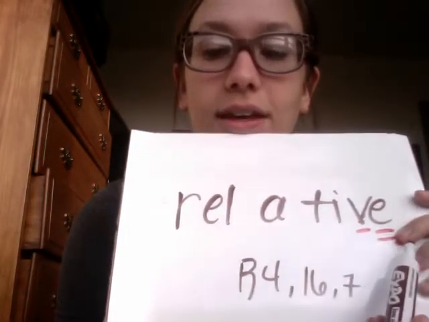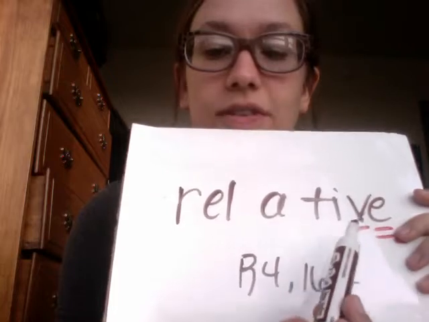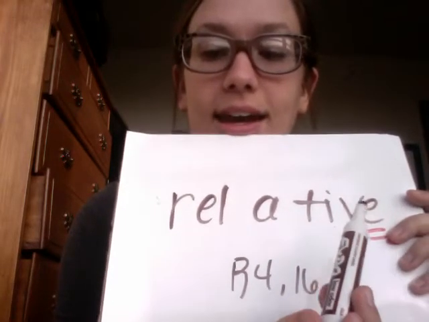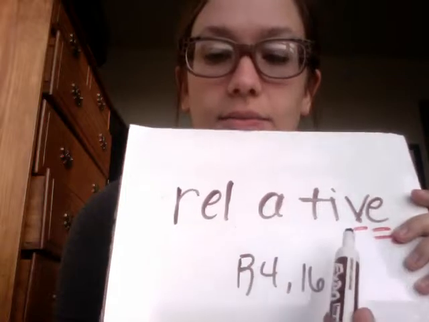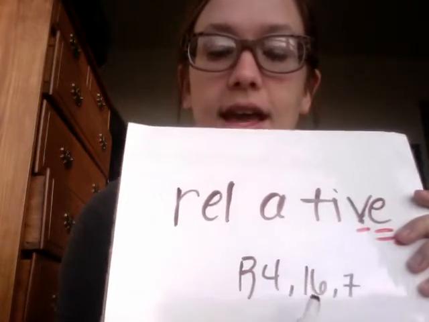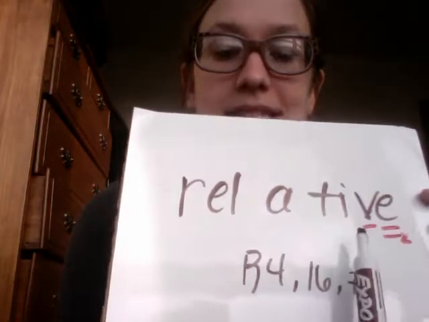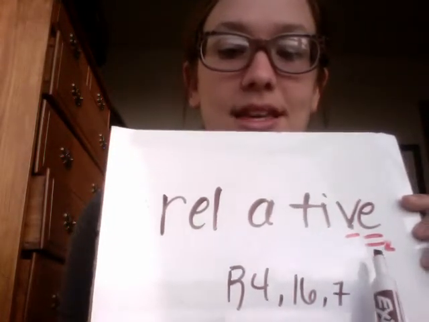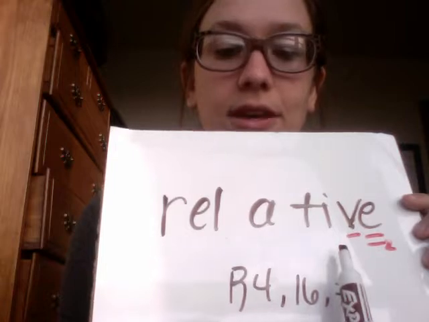So IVE, that starts with a vowel, I. So we will drop the E from relate and add an I in our suffix. So that's rule 16. And rule 7, we have a silent final E right here. It's the second type because English words cannot end in V.